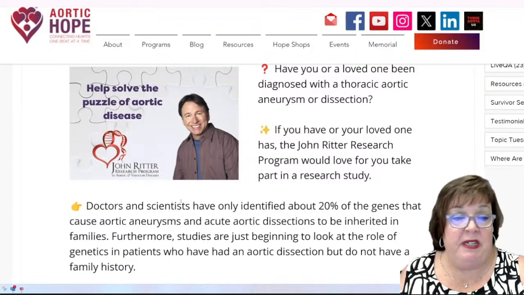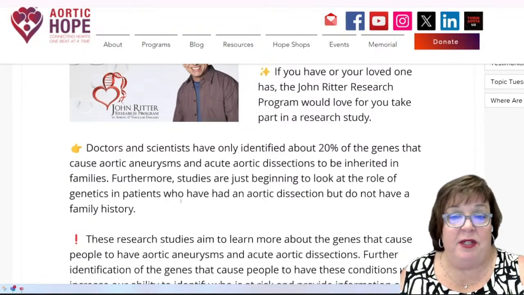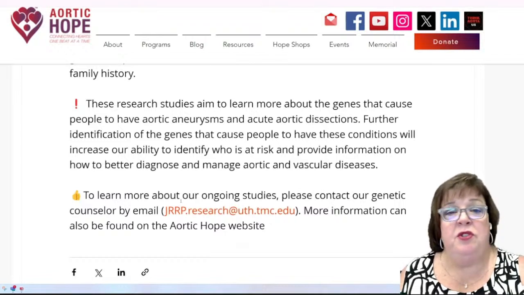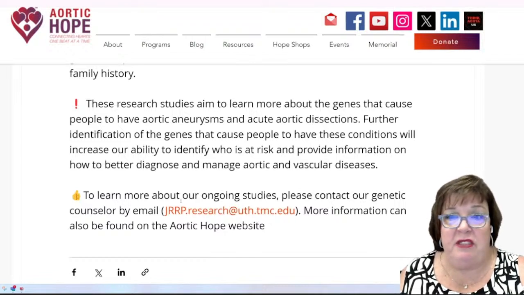Furthermore, studies are just beginning to look at the role of genetics in patients who have had an aortic dissection but do not have a family history. These research studies aim to learn more about the genes that cause people to have aortic aneurysms and acute aortic dissections.